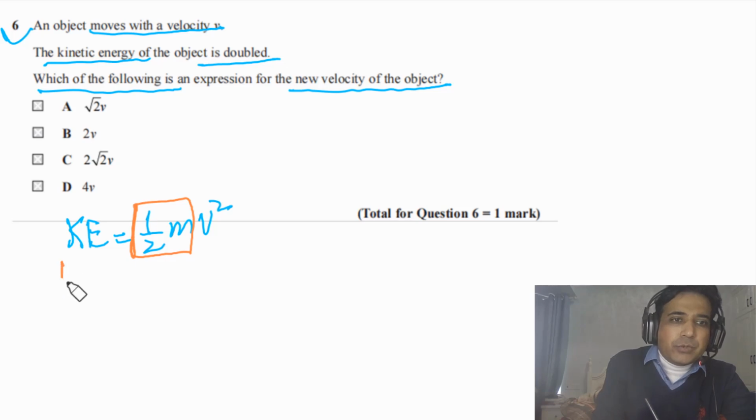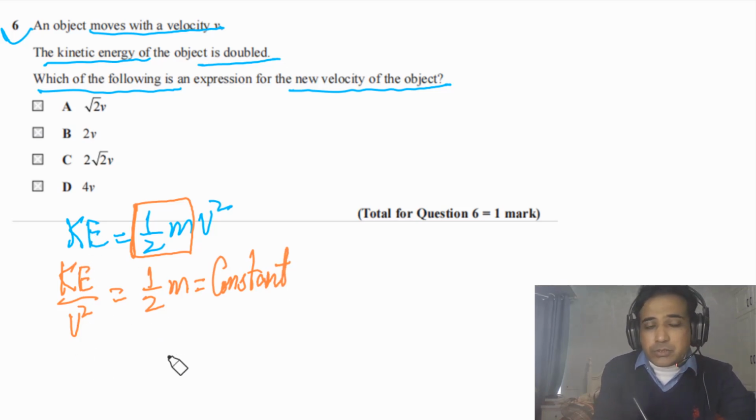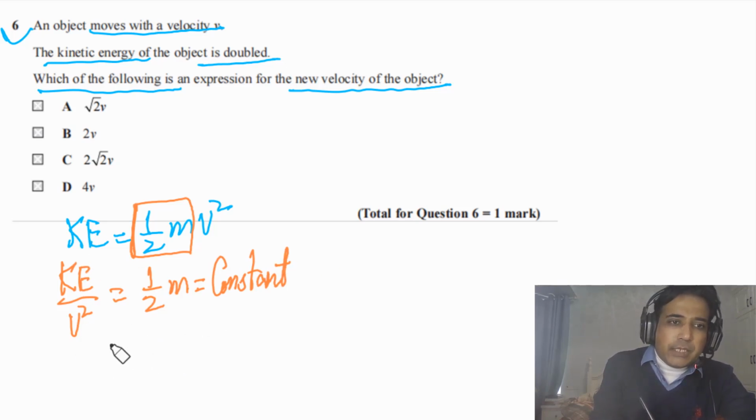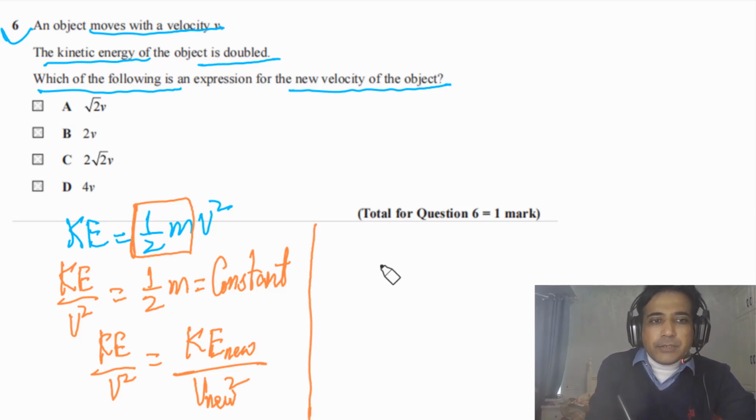changing. So we can say kinetic energy over v squared is equal to 1/2 m, and as this quantity is constant, we can say the ratio between these two quantities remains constant. So we can write down here that kinetic energy over v squared has to be equal to the new value of kinetic energy divided by the new value of v squared. For this question, we are given the new value of kinetic energy.